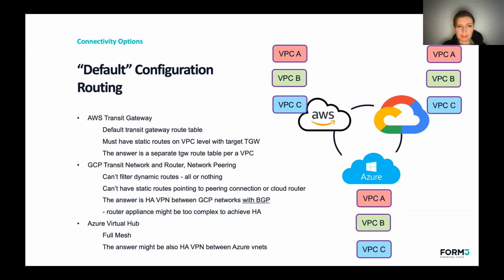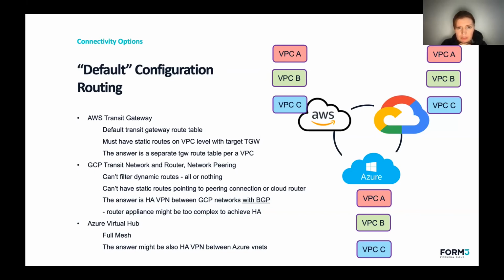In GCP, the problem was even bigger. As I explained to you, we used network peering between our VPCs, or virtual networks as they are named in GCP, and our transit network. And the problem is that with network peering, you can't filter dynamic routes.